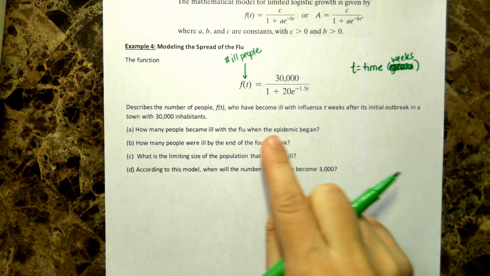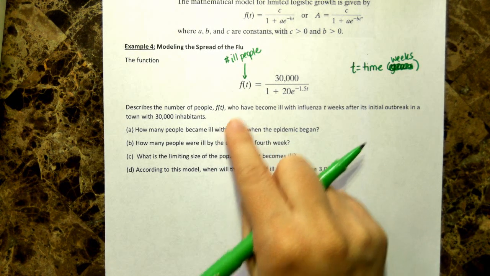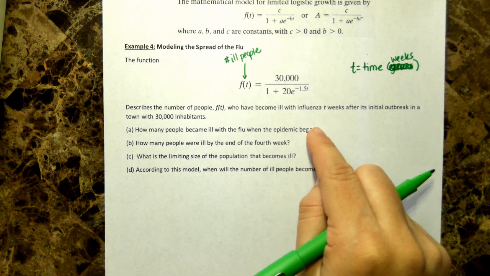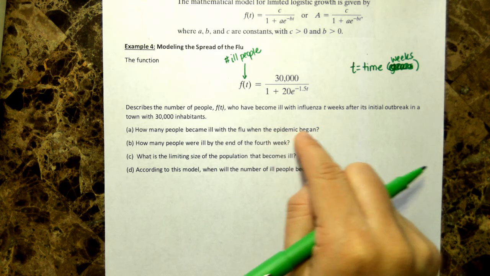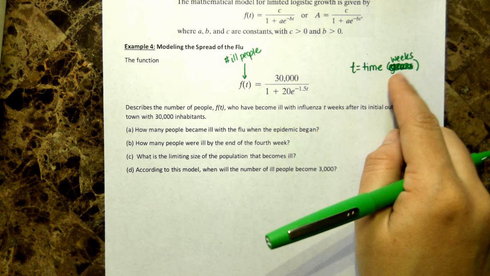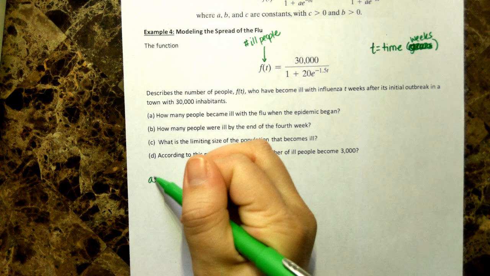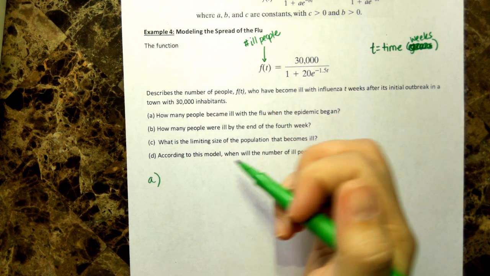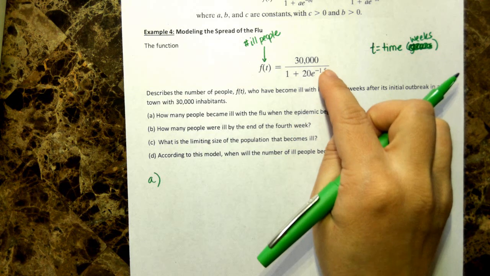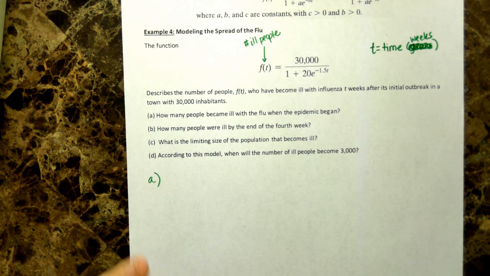If it says how many people have become sick with the flu just when the epidemic began, well, if the epidemic is just beginning, at the very beginning, no time has gone by. So if we're trying to figure out how many people are ill with the flu at the very beginning, then the t would be 0, because there's no weeks that have gone by. This is the very beginning.